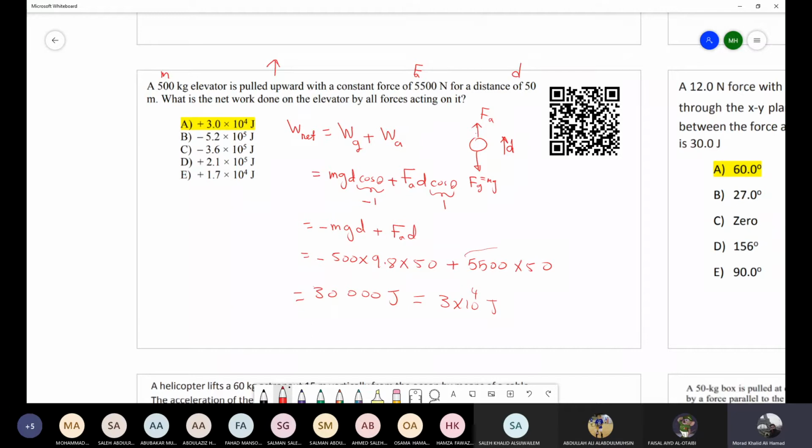This one is greater than this one. If you do it in the calculator, it will become positive. I just forgot about the plus. Clear? Should I repeat? Should I explain in another way? It's clear like that. Okay.